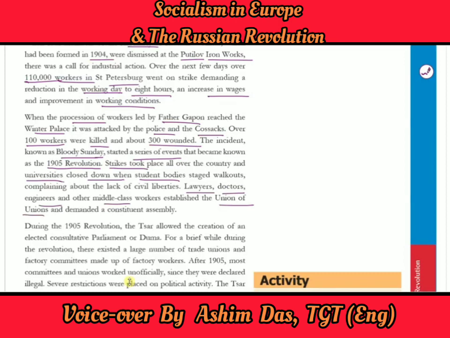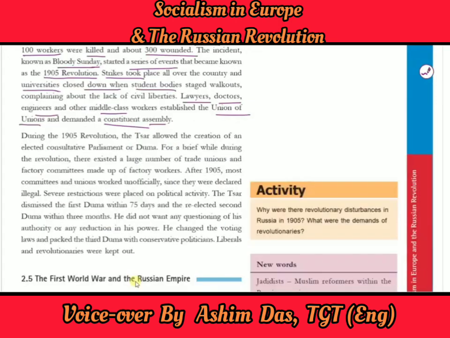Lawyers, doctors, engineers, and other middle-class workers also established their own union of unions and demanded a constituent assembly, to be elected by the people.